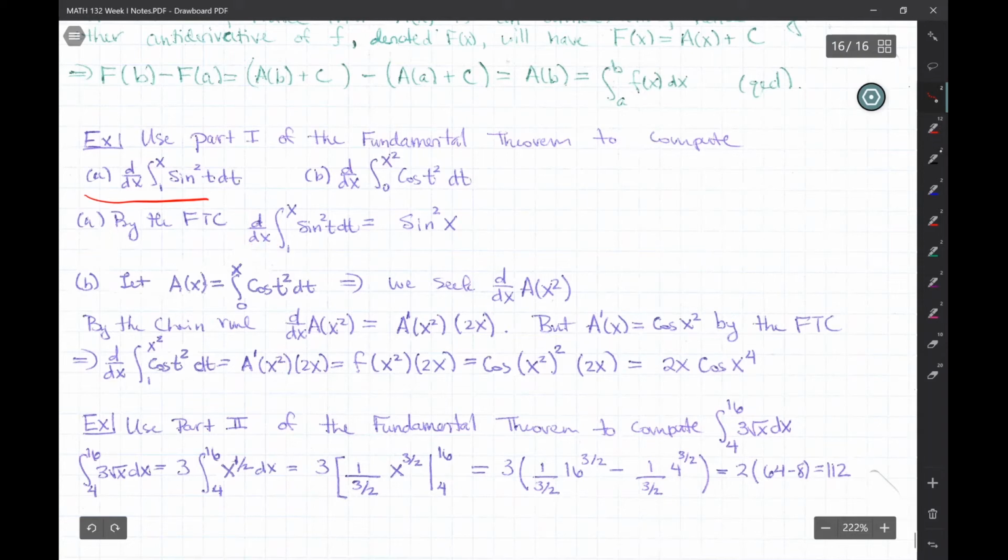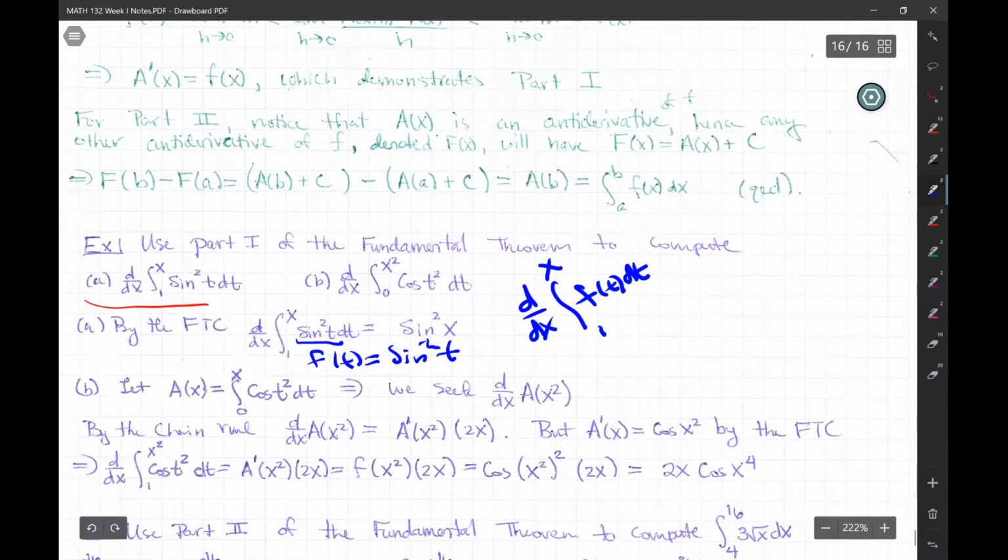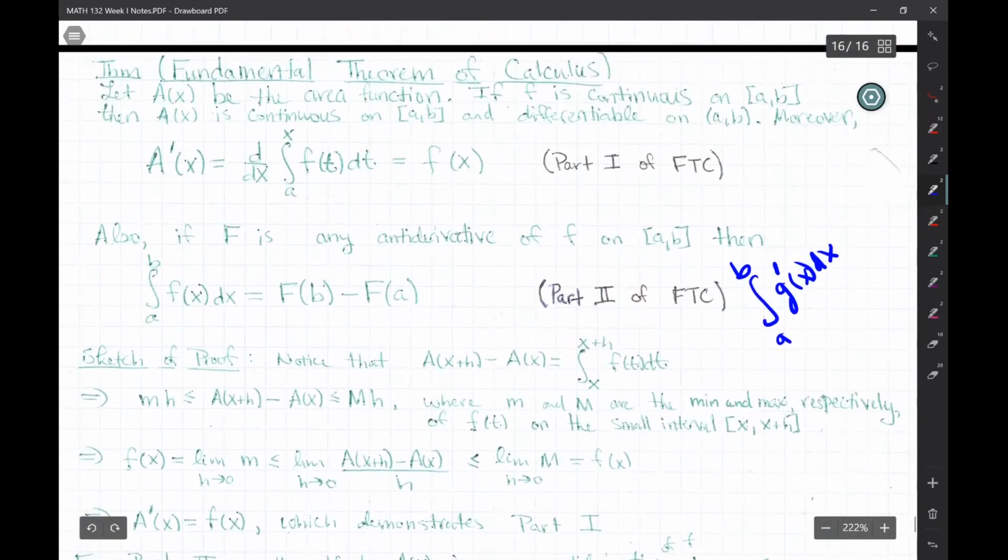So we'll just use part 1 of the fundamental theorem of calculus. You could make the exact correlation by saying f of t is equal to sine squared t there. That's exactly what we would use in the fundamental theorem that you see above.